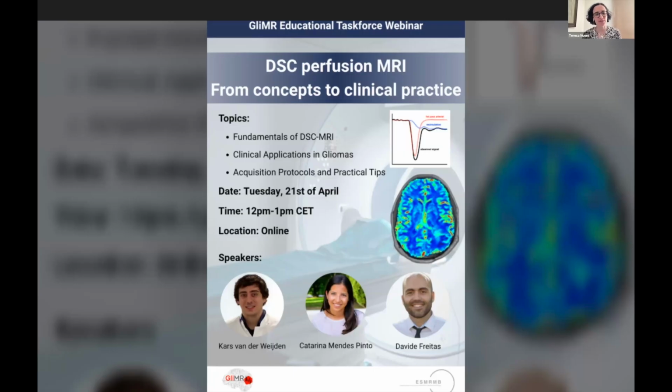This session marks the first of a series dedicated to advanced imaging techniques in glioma assessment, with a particular emphasis on practical implementation and multidisciplinary perspectives, including those of radiographers. So today we will focus on DSC perfusion MRI from concepts to clinical practice.